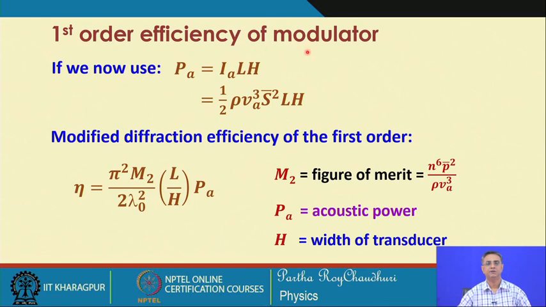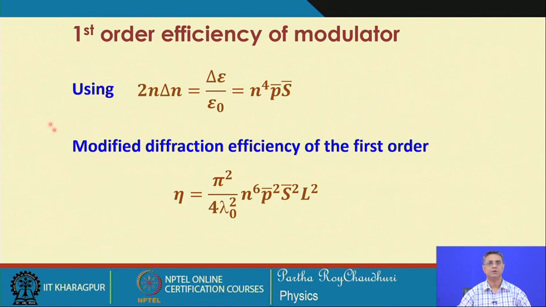For the first order efficiency of the modulator, if we now use the relation between acoustic power and acoustic intensity, which will finally lead to the diffraction efficiency for the first order, we can write it in this form, with very simple straightforward algebra. M 2 is the figure of merit, which is given by this, and P, A and H are defined as the acoustic power and so on.